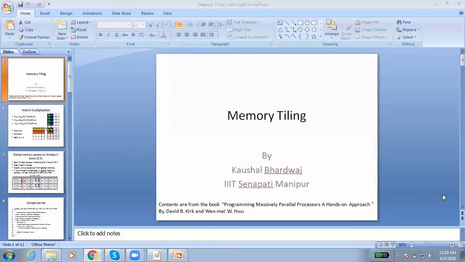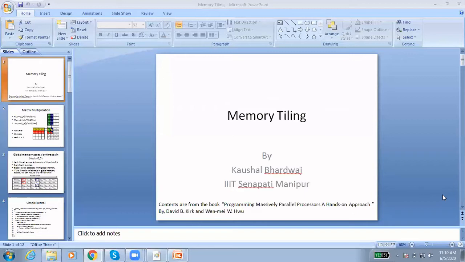So the whole thing is that we have to reduce the number of global memory accesses. If this kind of effort of keeping the data in shared memory is going to reduce the amount of global memory access, then it is helpful and we can use shared memory.